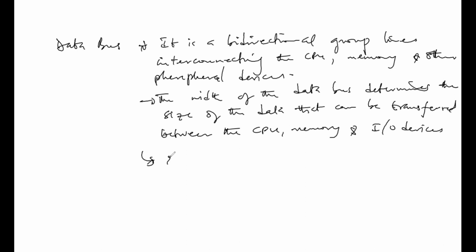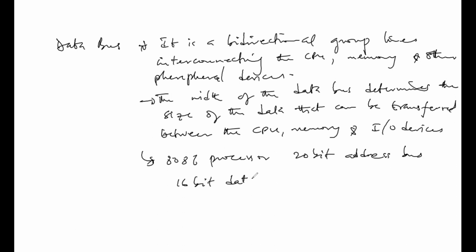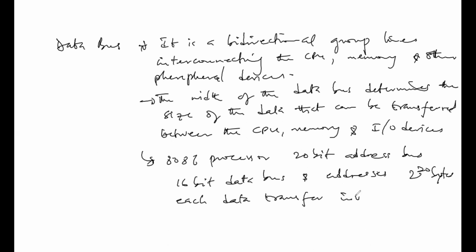So still on the 8086 processor, for instance, with a 20-bit address bus and 16-bit data bus, the address space is 2 to the power of 20 bytes, like we said, or 1 MB. Now, each data transfer involves 16 bits, okay?